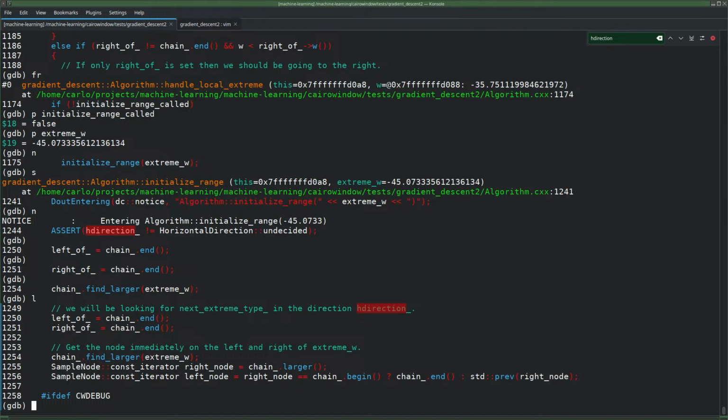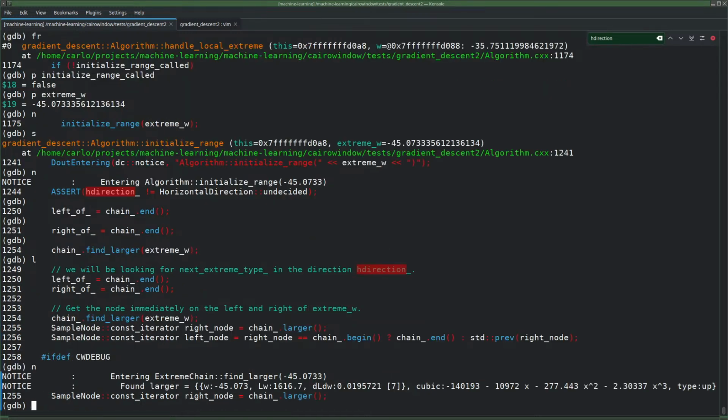What is this code trying to do? Get the node immediately on the left and right of extreme W. Oh, yeah, okay. It finds 7.